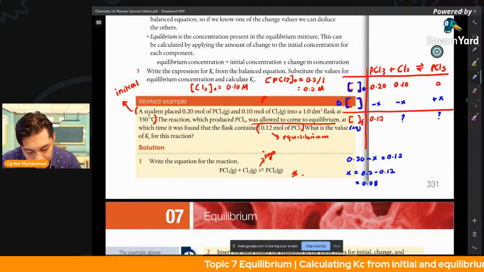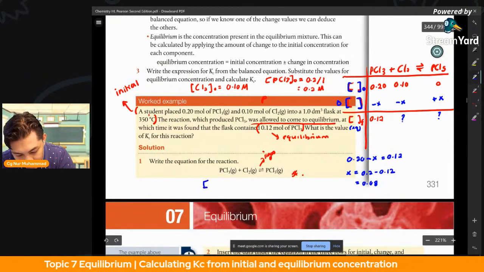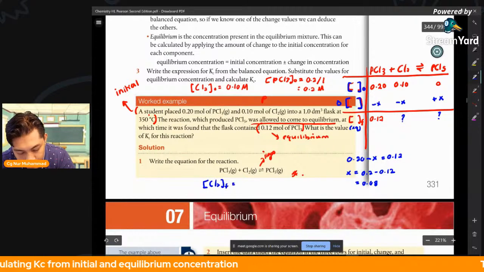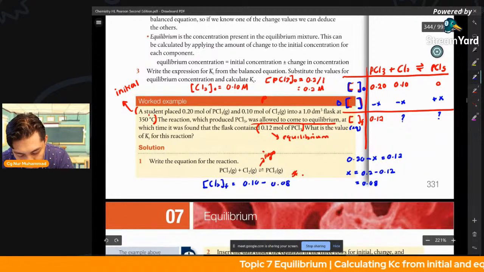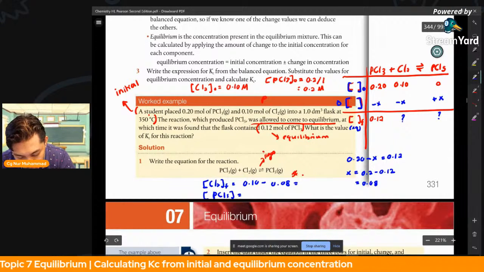Boleh kan? So carilah dekat bawah ni, buat satu calculation. Concentration Cl2, this is final, equal to 0.10 minus 0.08. Tekan calculator sekarang. PCl5 equal to X. Kan?